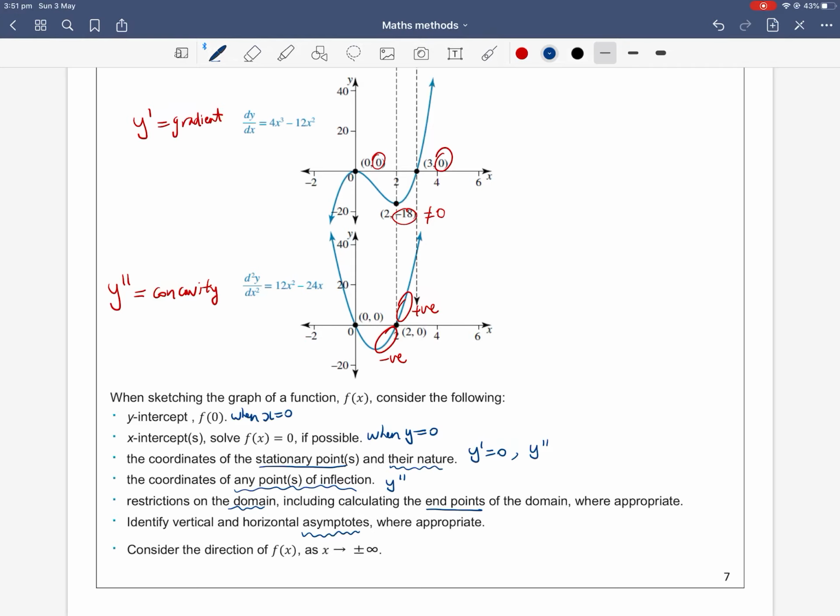And essentially look at the limits as x goes to positive and negative infinity. So this is looking at the long-term behavior as your curve reaches very far right and very far left. So those are 1, 2, 3, 4, 5, 6, 7 steps you should check when you're sketching a curve.